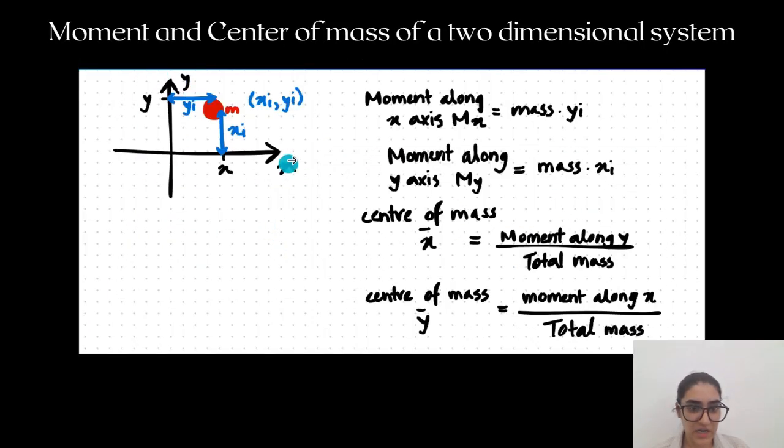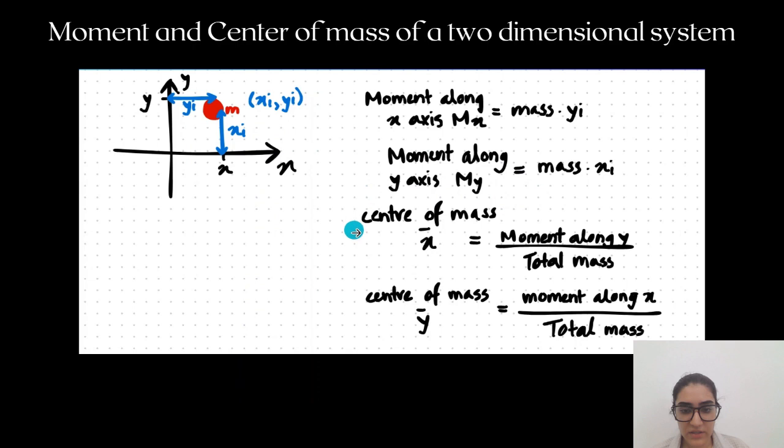So here I have this diagram where I have an x-axis and a y-axis. This red dot here is my mass, at distance yi and distance xi. We'll be using yi and xi to calculate moments. Moment along the x-axis, Mx, is mass m times yi. Moment along the y-axis, My, would be mass times xi.